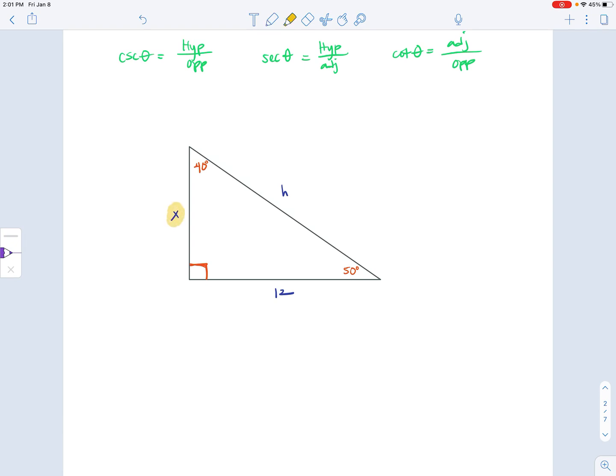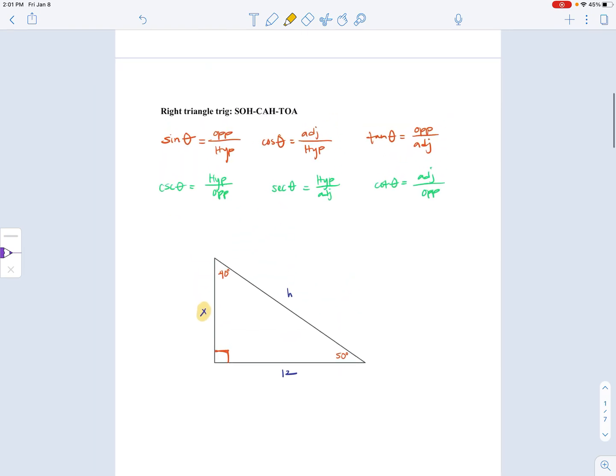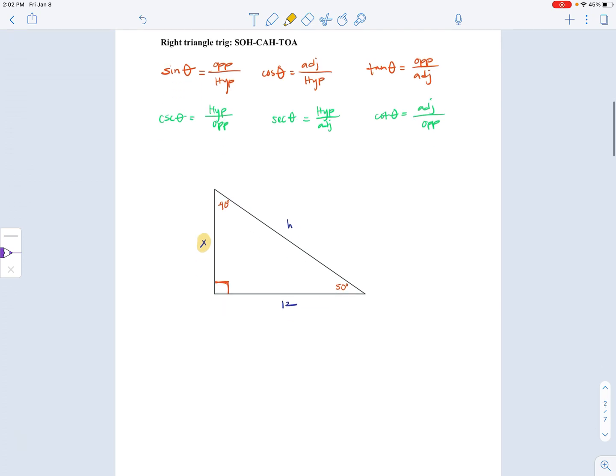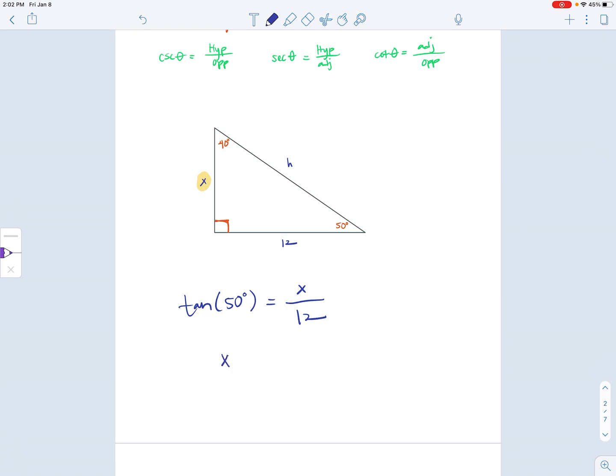So you could figure out what this side would be using one of the trig ratios. You could use tangent, it would probably be the most efficient. So you could say, tangent of 50 degrees would be equal to the side opposite, which is x, divided by the side adjacent, which is 12.